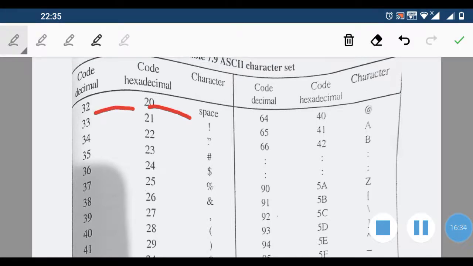Suppose you want to put the dollar symbol, then its code is 24 in hexadecimal, which corresponds to 36 in decimal. The letter A corresponds to 41 in hexadecimal. Similarly, each character can be expressed by using a hexadecimal code in this ASCII character set.